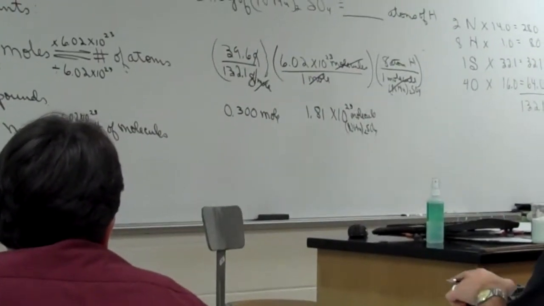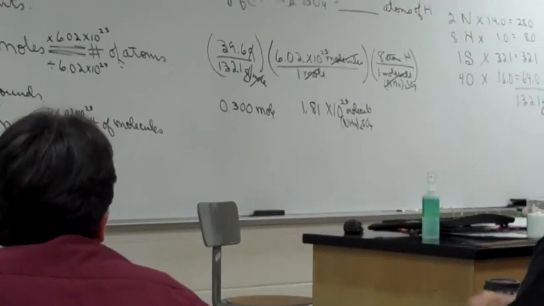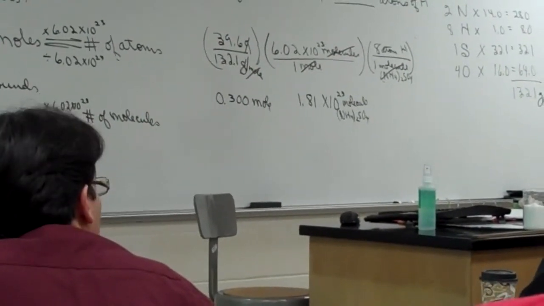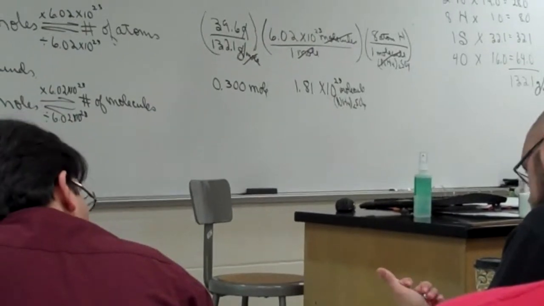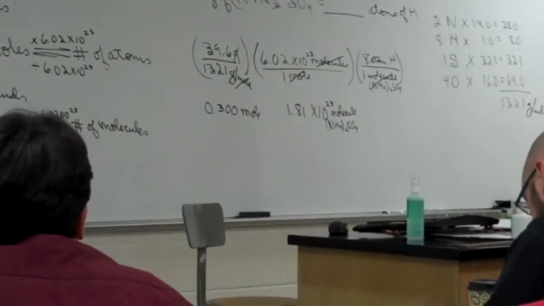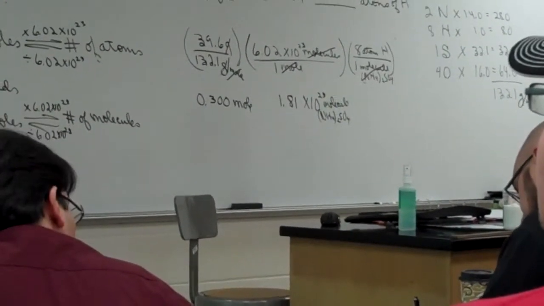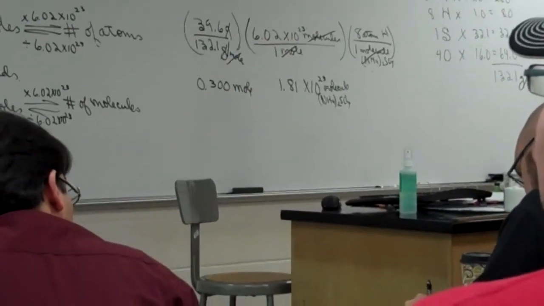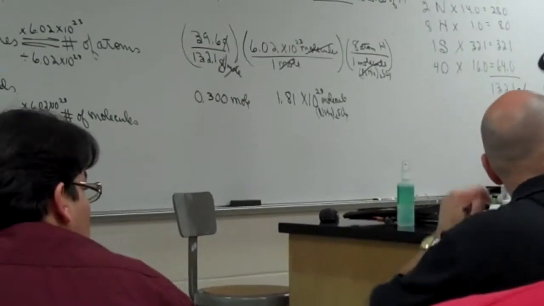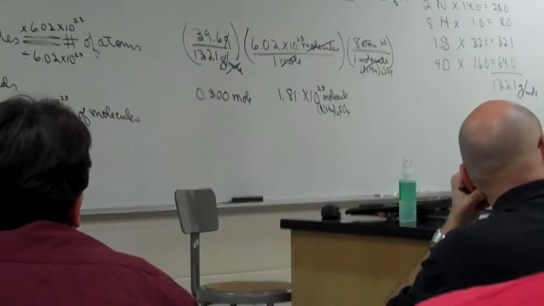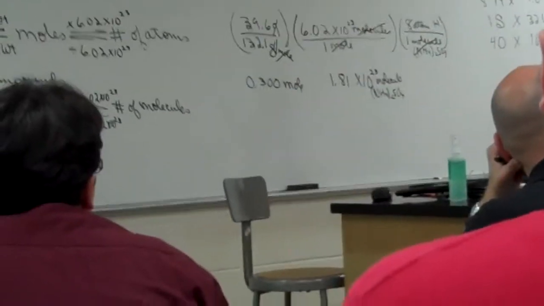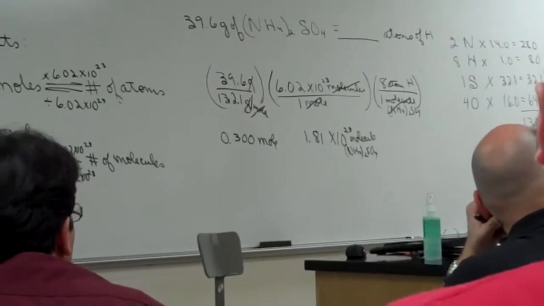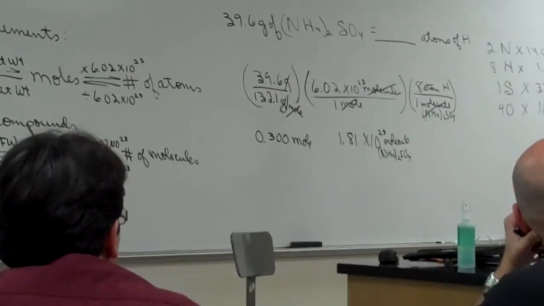Emily, read that question for me, the way it is. Listen carefully how it is in the book, because it'll mess with your mind. It's number 211, excuse me. Calculate the number of hydrogen atoms in 39.6 grams of ammonium sulfate. End of story. Did you all catch that? It jumped right to the chase.